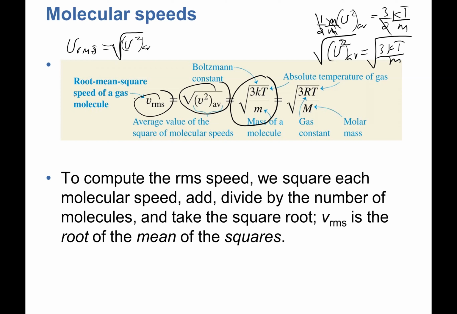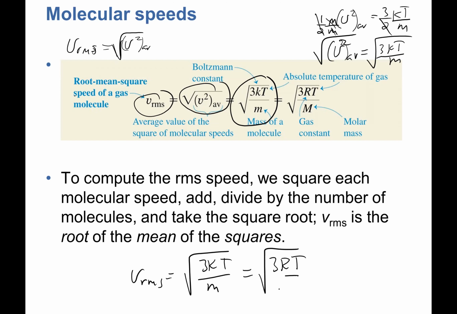Instead of all that, we can just calculate the rms value directly by using this equation, square root of 3kT over m, or 3RT over the molar mass. Both are equivalent, and we can use either to calculate rms values. Most of the time when we're talking about the speed of molecules in a container, we like to use rms values because they're easy to calculate.